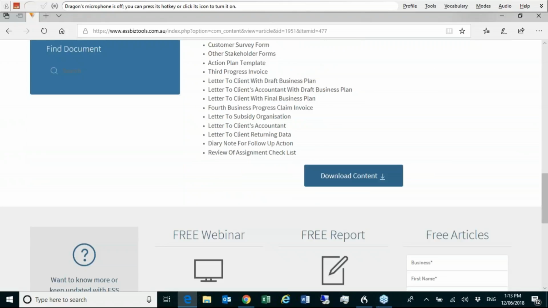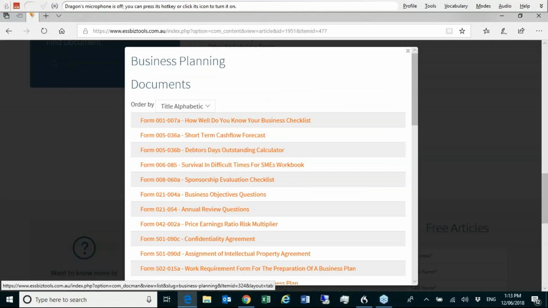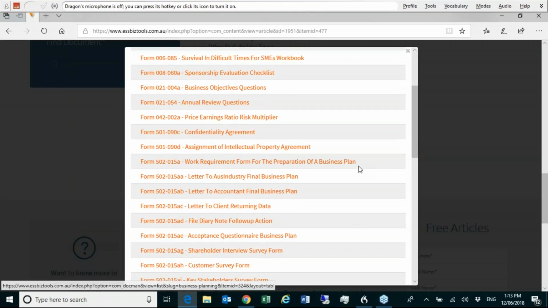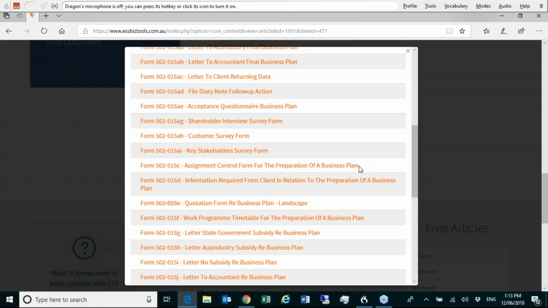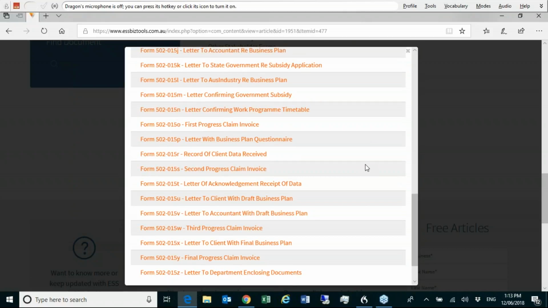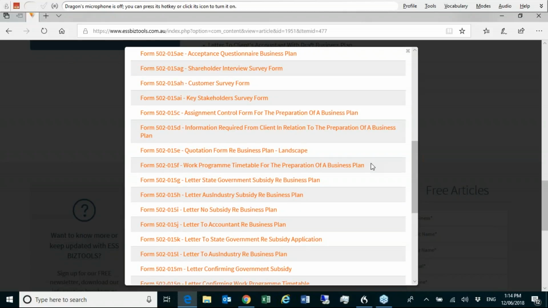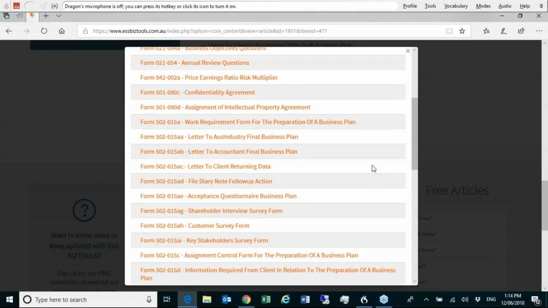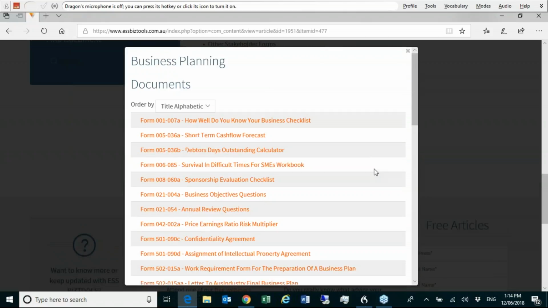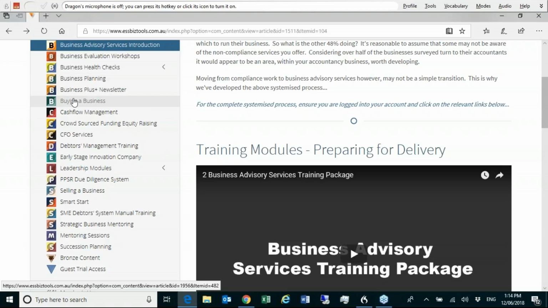There's a whole range of material on business plans that you can utilize, including correspondence with various government instrumentalities. There's material on buying a business.